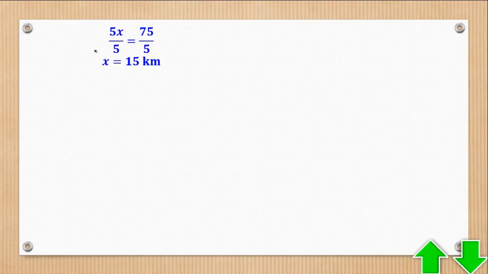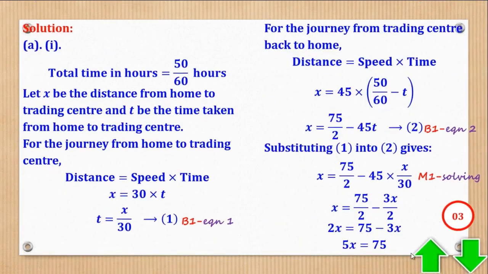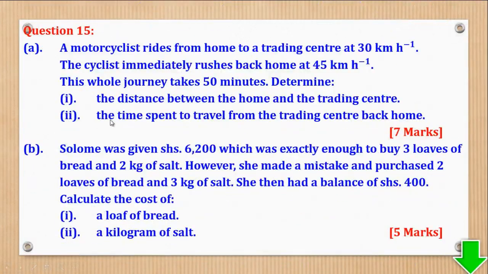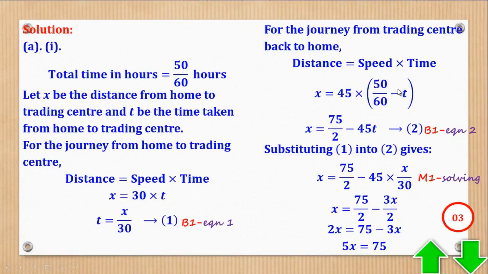So now we shall go to part A, Roman 2. Roman 2 says, determine the time spent to travel from the trading center back home. So trading center back home, remember the time was 50 over 60 minus t.